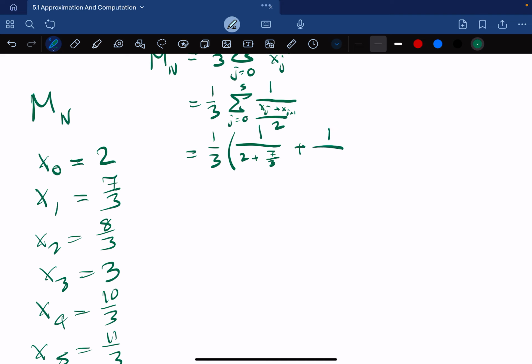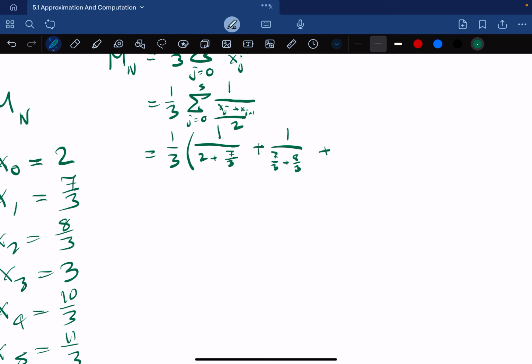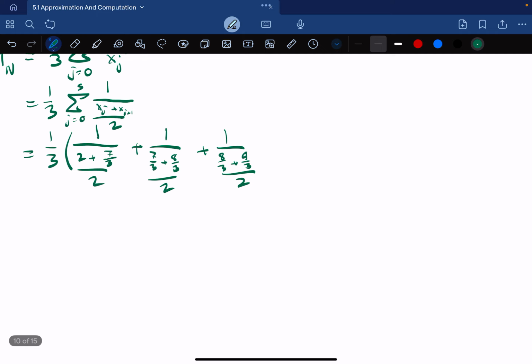Next, 1 over x of 1 plus x of 2. So 7 over 3 plus 8 over 3. Next, 1 over x of 2 plus x of 3 divided by 2. So 8 over 3 plus, we'll go 9 over 3 just to make this simpler for additions purposes.